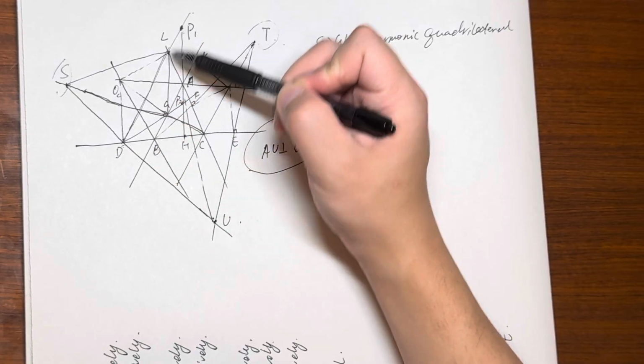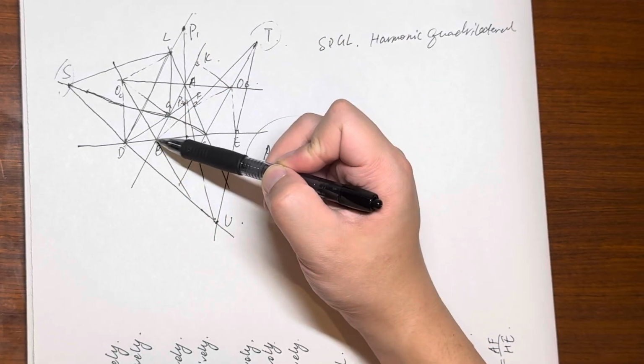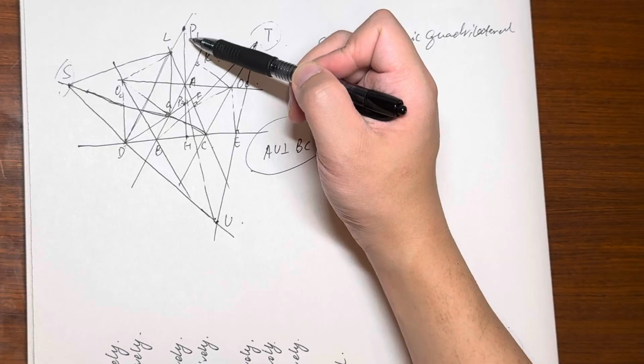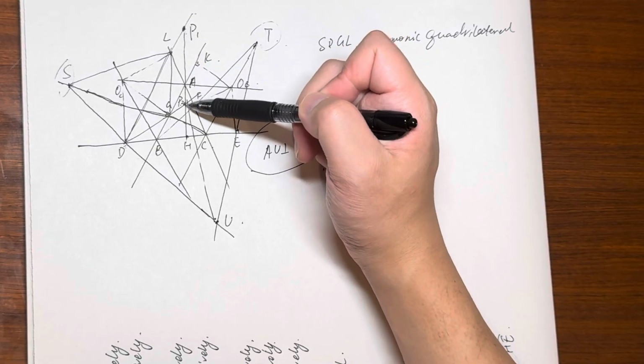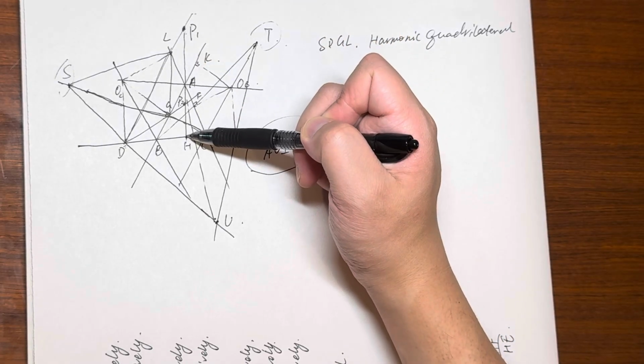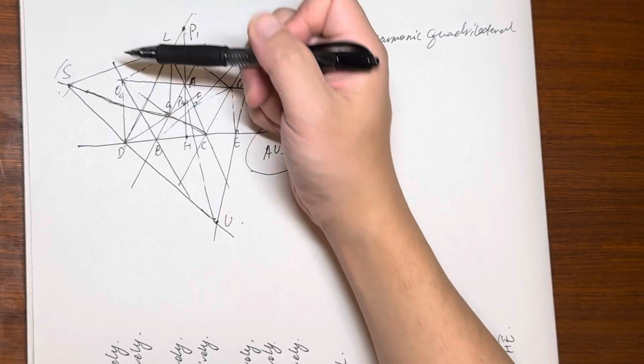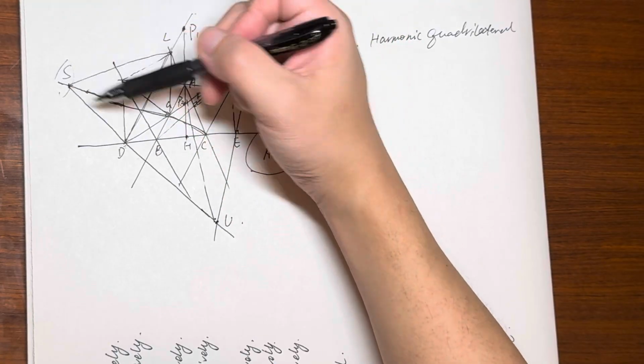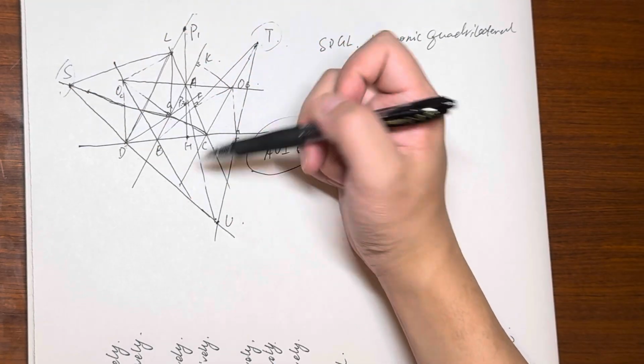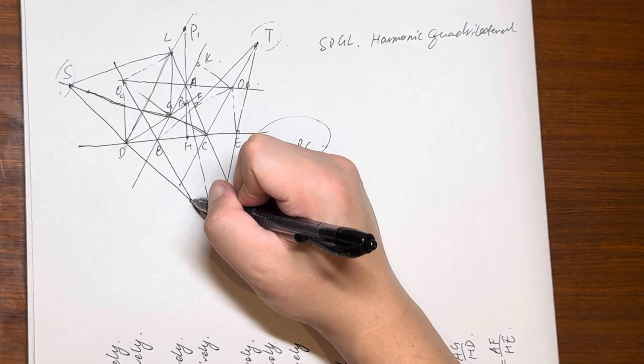So we have the DL, we have the DG, we have DB. DB meets A, P1A, P2 on the point H, right? And then DS meets this one on another point.